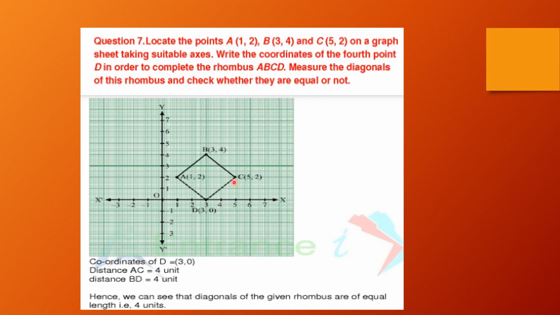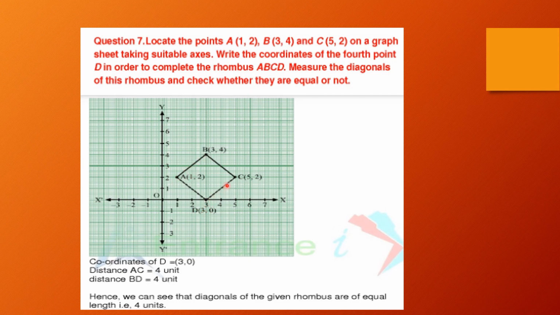Now we are going to join A, B and C and write the coordinates of the fourth point D. How to find the fourth point D, such that the diagonals are equal? Now join A, B, C. You know that the lengths of AB, BC and CD have to be equal. So measure the length of AB. The difference is 2 units, right?